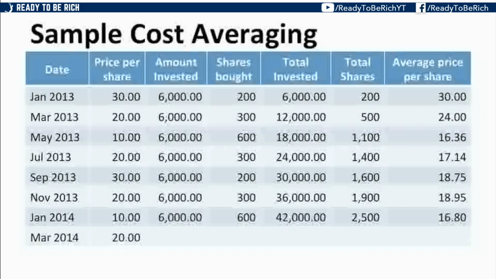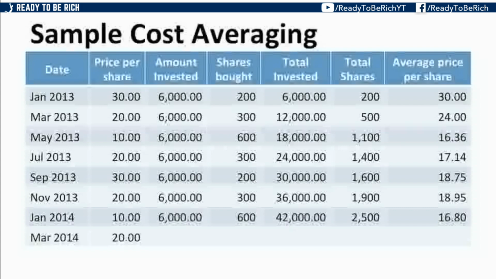So imagine if you had invested in January 2013, you invested all your money there at that time. On March 2014, hindi mo mabebenta yon kasi lugi ka dahil 20 pesos per share. Kung inubos mo lahat ng pera mo noong January 2013 and bought the stock at 30 pesos per share, diba? Hindi mo siya mabebenta.